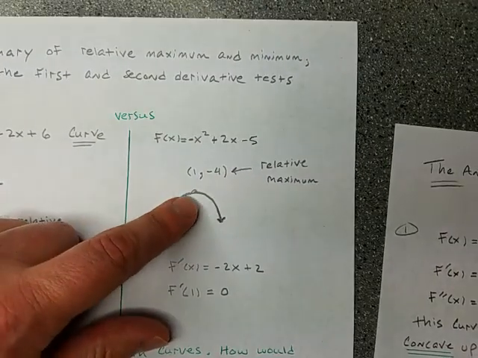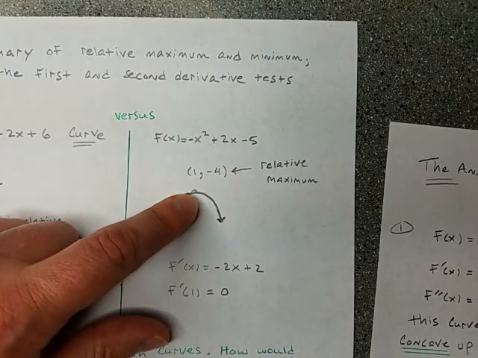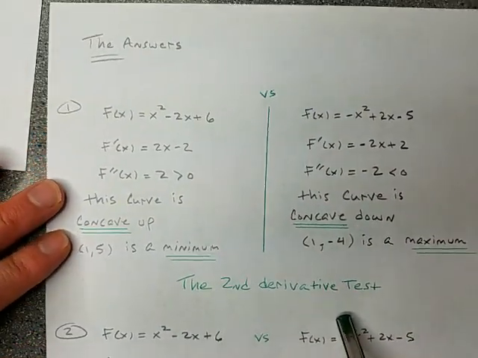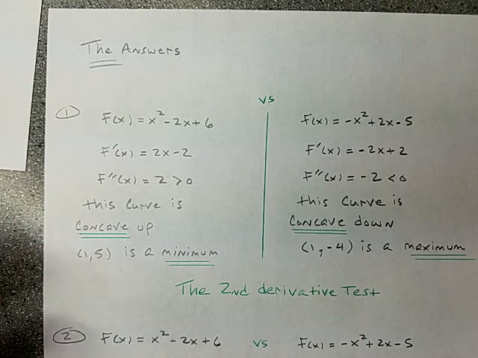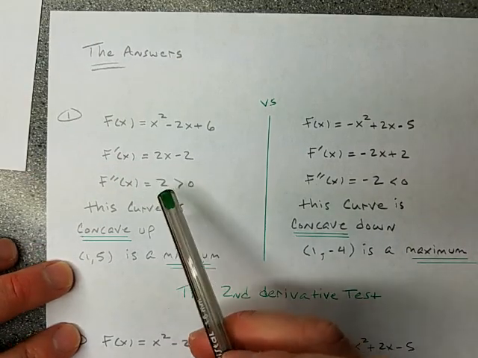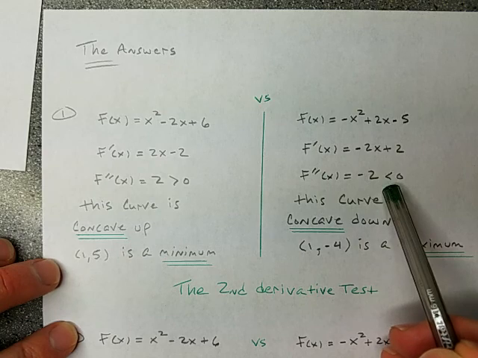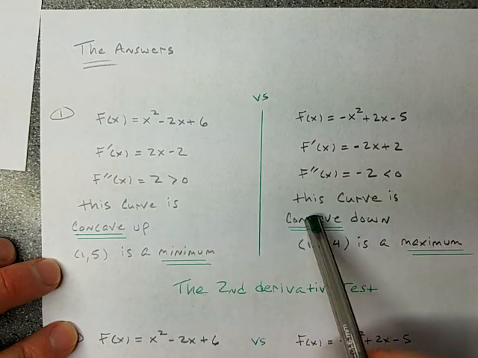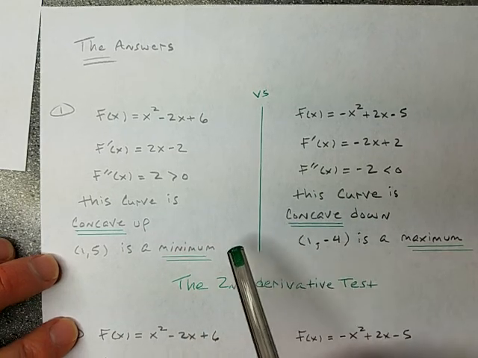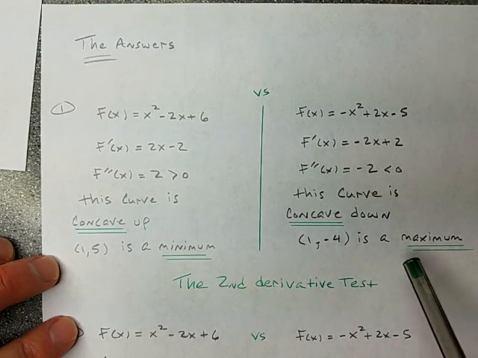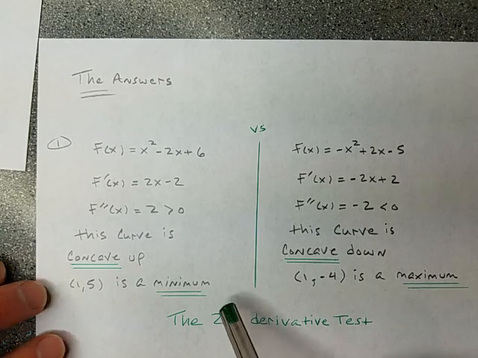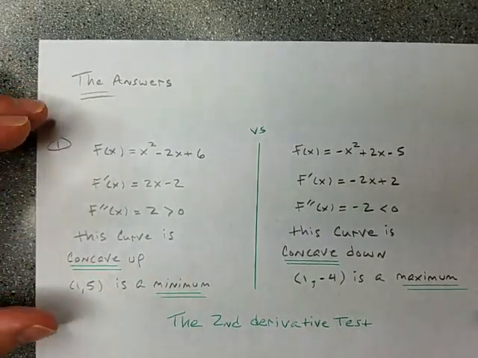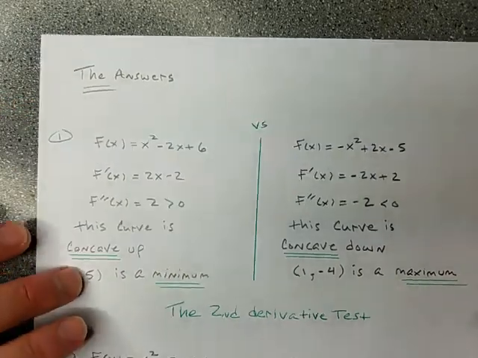So that means our critical number there is a maximum. That's called the second derivative test. You find your critical number, and if the second derivative is either positive or negative at that point, then you know the shape of the graph, whether it's concave up or down, and whether the point is a minimum or a maximum. I mentioned that one first, and maybe that seems funny, but that's what the second derivative test says. That's how we tell them apart.